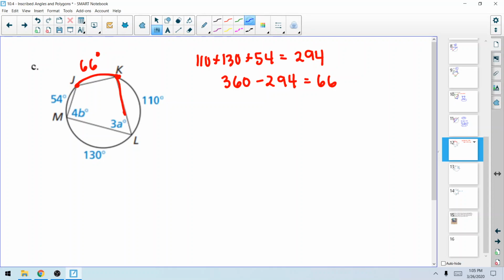So if I'm looking at 3A, he is the angle right there. Now, do you notice that that angle intercepts that arc? Well, I know that arc has a 66 and that arc has a 54. So take 66 plus 54, which is a total of 120 degrees.